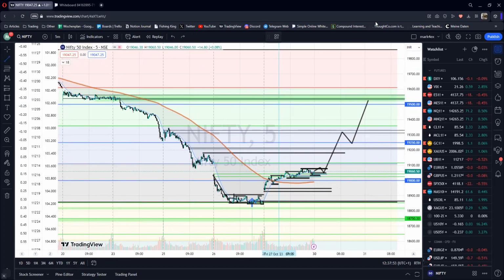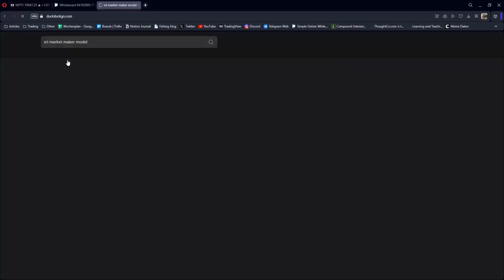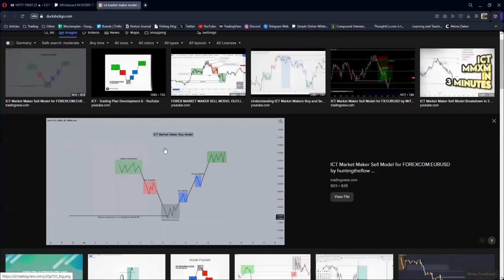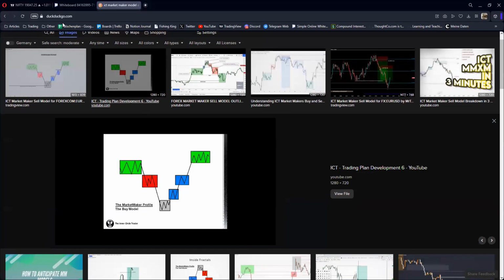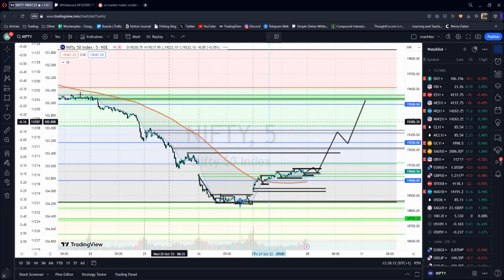I know you know how the ICT market maker model looks like. I think there is probably somewhere a photo of that, right? This is what the market maker buy model looks like. This is the ICT stuff, but I'm just joking around. But yeah, it is really like that. You have a consolidation.